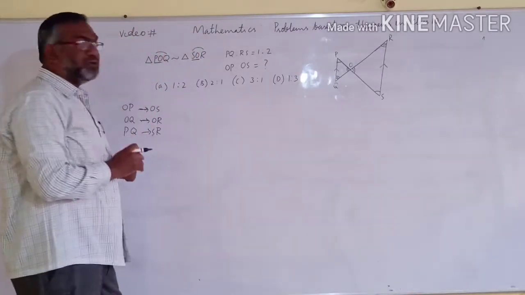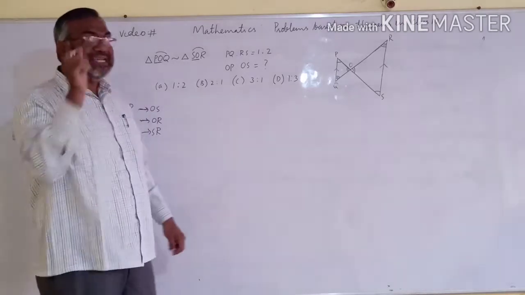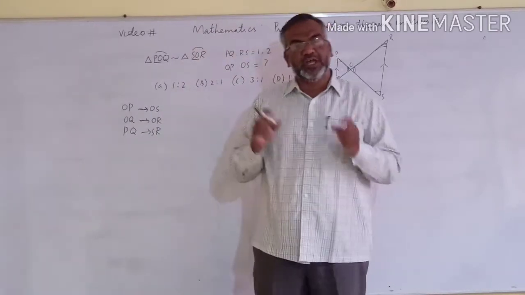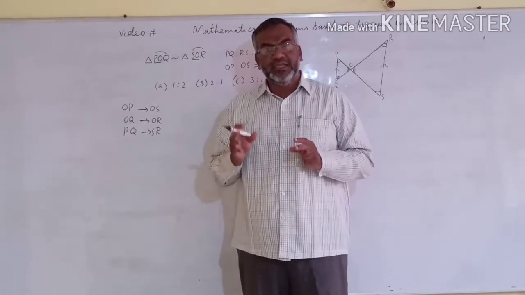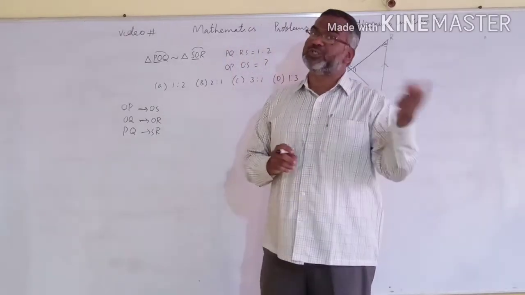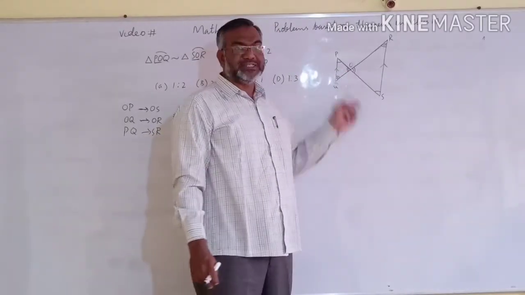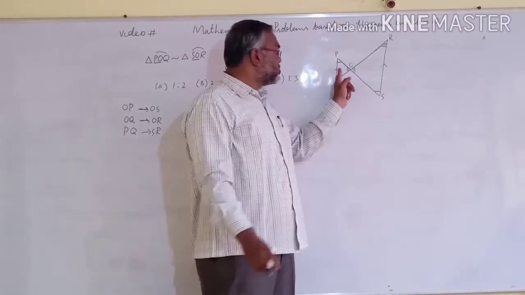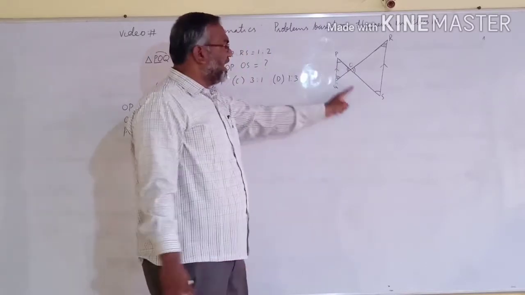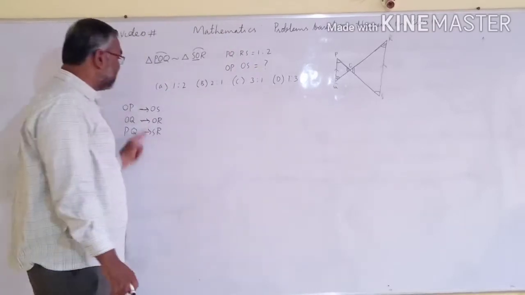Now these are corresponding sides, so their ratios must be the same. According to the SSS criterion, if the corresponding angles of two triangles are equal, then their corresponding sides are in the same ratio and the two triangles are similar. Here it is clearly given that these two are similar triangles. If they are similar, then their corresponding angles must be equal, and their corresponding sides must have the same ratio.